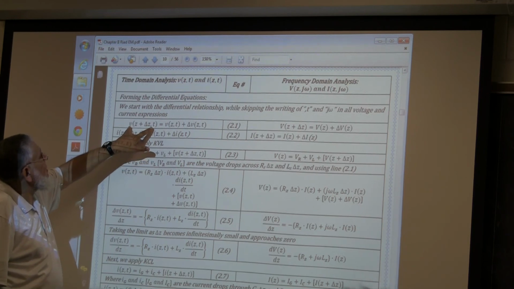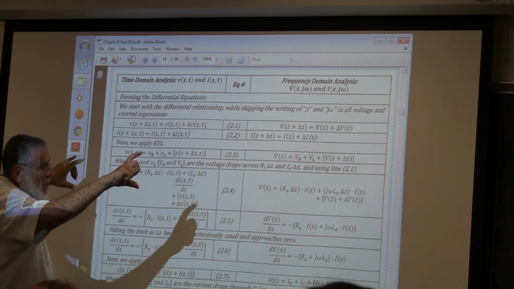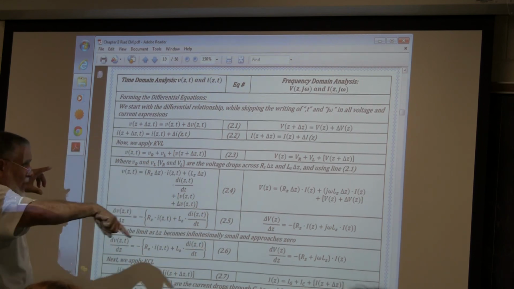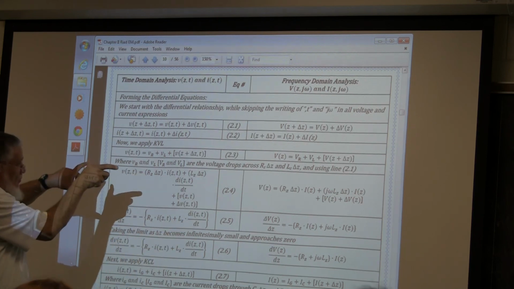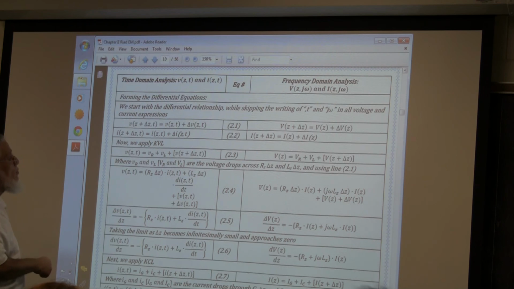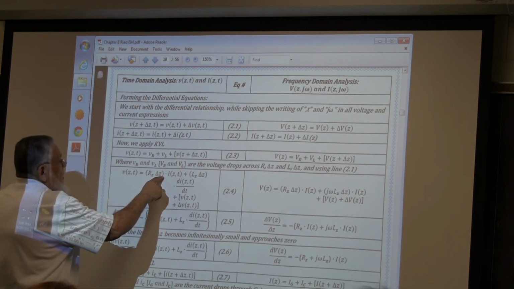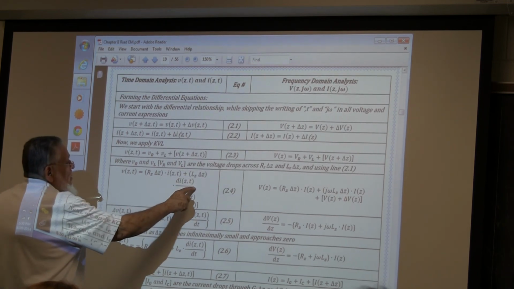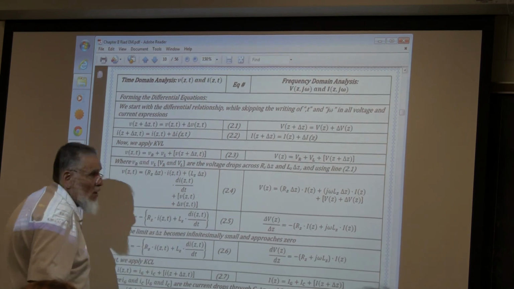So we write our equation for the voltage at z plus delta z at this end. From the KVL around the loop, the voltage here is equal to voltage here plus the voltage drop across the segment in between, and that's the R times the current plus L dI by dt. So that's your increment in between here.